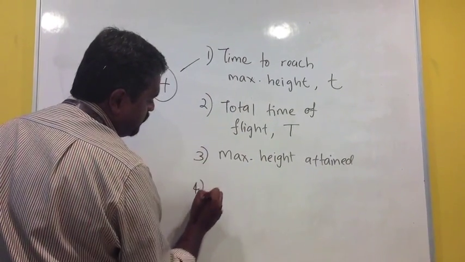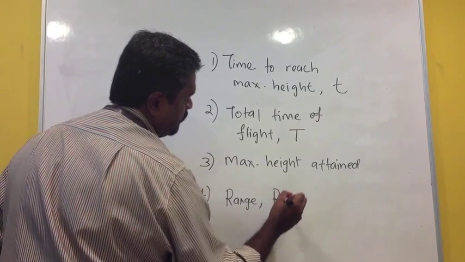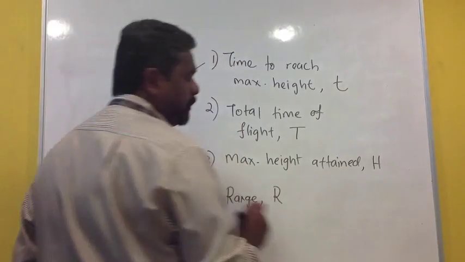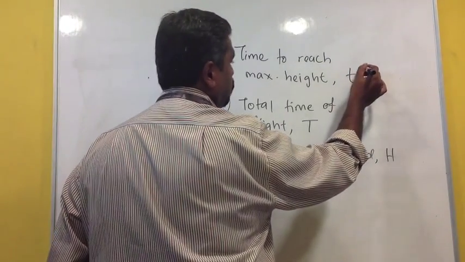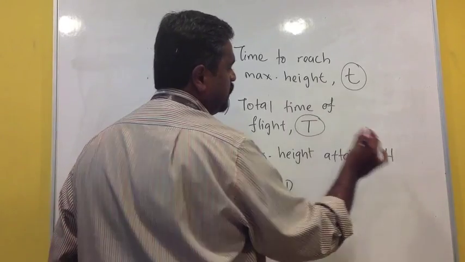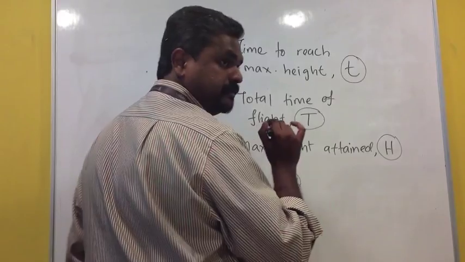And last but not least is the range, or R, of the projectile. This is actually H. So what we are looking for here is a formula for t, a formula for big T, a formula for H, and a formula for R.